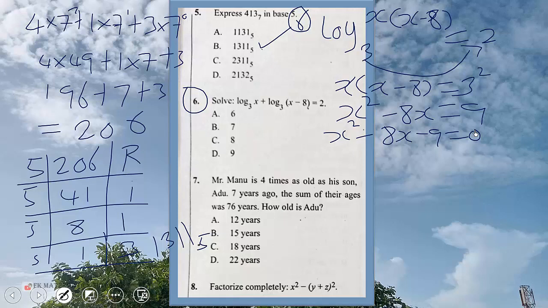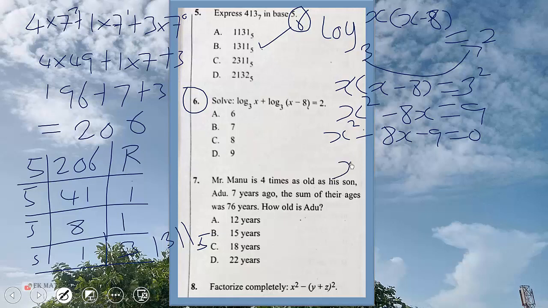Two factors of negative 9 that, when we add, we get negative 8, will be negative 9 and 1.